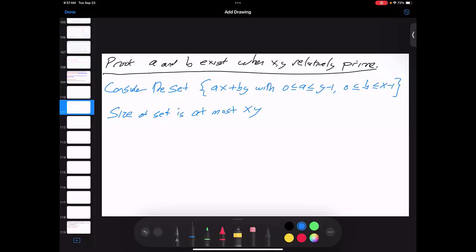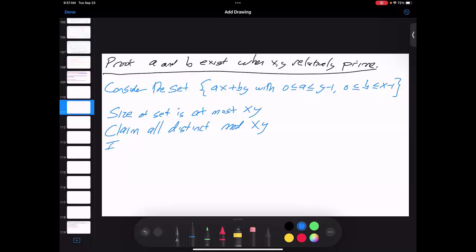So let's see if any of these elements could be the same. I claim they're all distinct mod XY. So I'm going to say that if I choose a pair A1, B1, and I choose another pair A2, B2, they can't be the same mod XY.